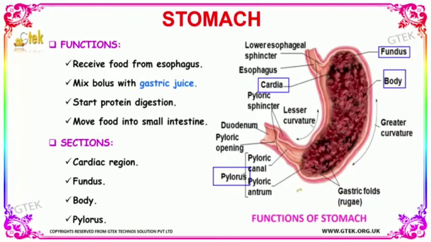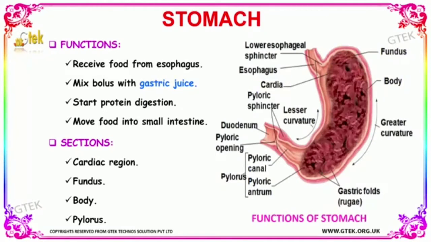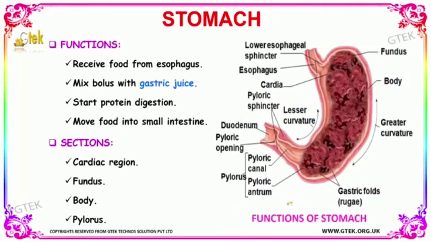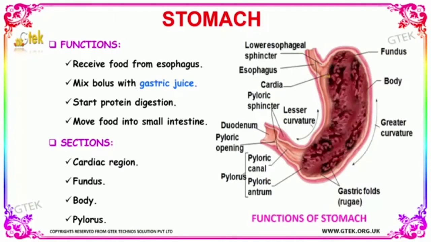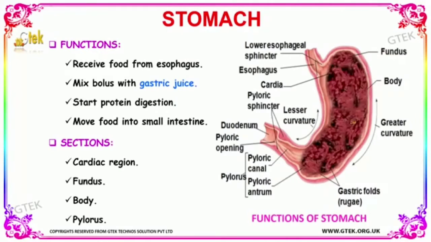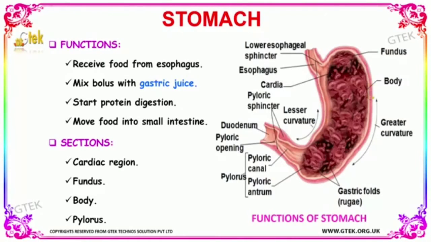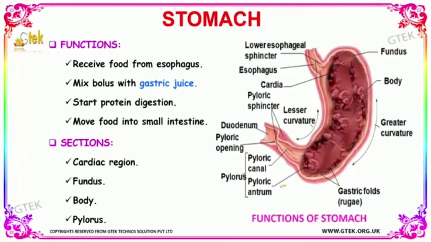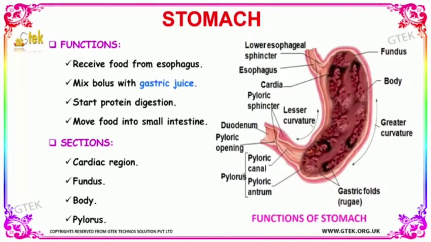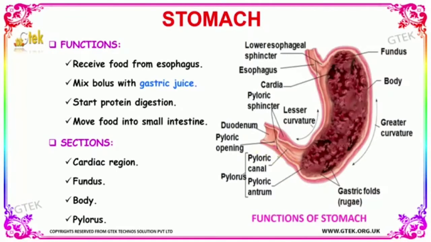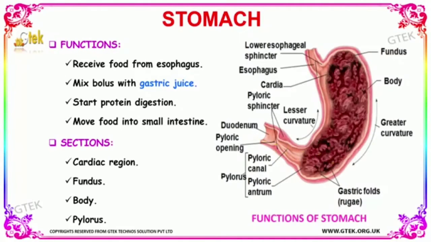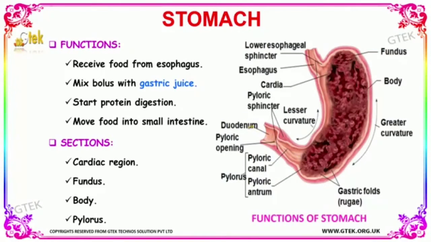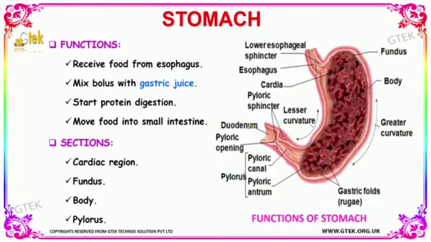Your food enters through the cardiac region, goes through the fundus and enters into the body of the stomach, followed by the protein digestion. It enters into the pylorus region, which has a pyloric canal. This pyloric canal has a pyloric opening which opens into the duodenum, that is your small intestine's first part.